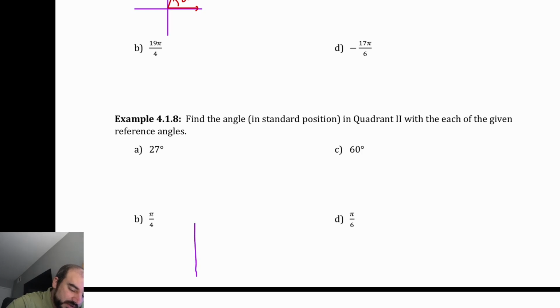A lot of times it's going to be nice to draw a little picture for yourself. If I'm going to draw an angle in the second quadrant, I'll just draw it in the second quadrant. That's my terminal side. That's my initial side, always on the x-axis. And I'm told that the reference angle is pi over 4, which means this angle here is pi over 4.